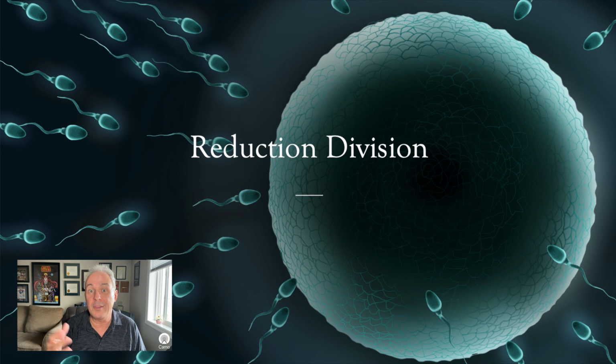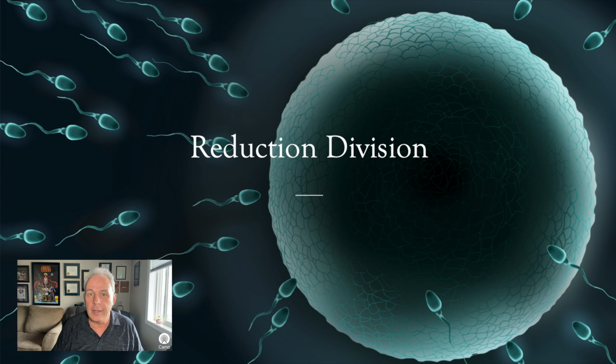So where there were 23 pairs in humans, there's now just 23. And that's because the gamete will fertilize another person's gamete, combining the chromosomes in each nucleus, creating a new combination of homologous pairs, which is the third mechanism of variation.